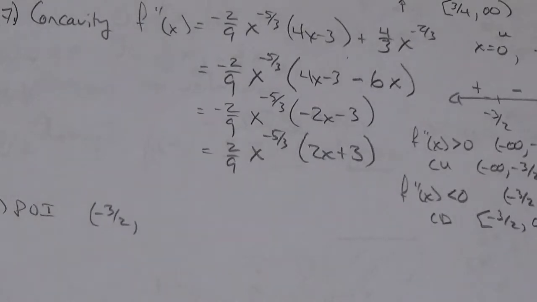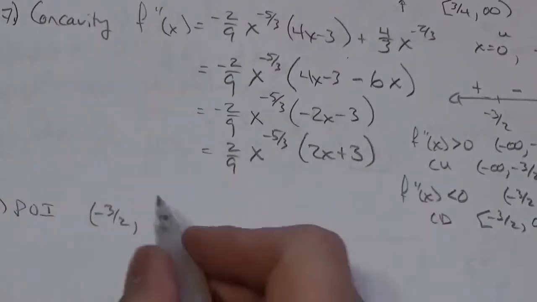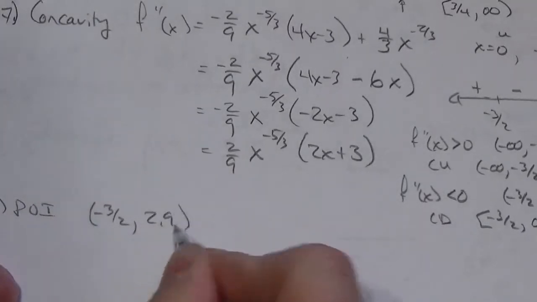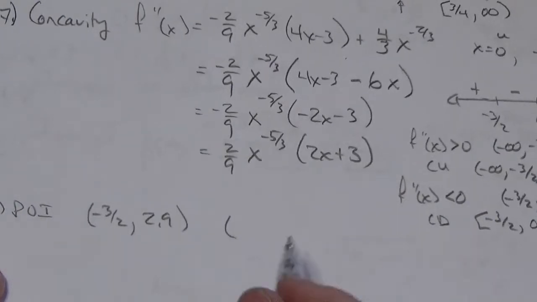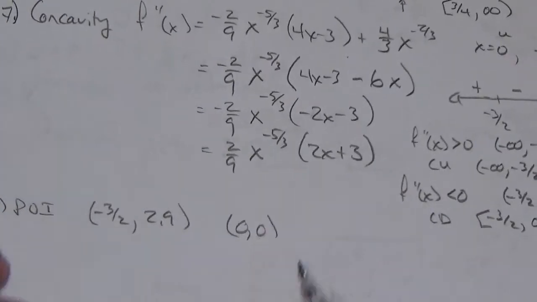So that is going to be negative 3/2, and then once again negative 3/2. Looks like I'm getting 2.9 when I plug that in. And then my other one here, again, when I plug 0 in, I get 0.